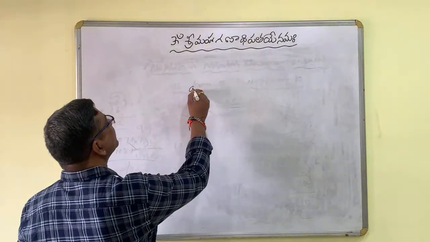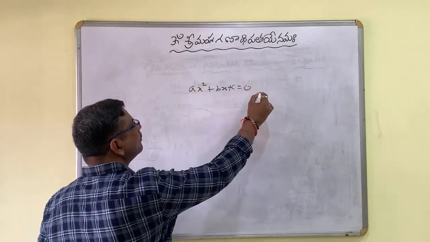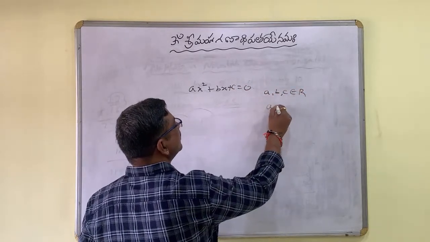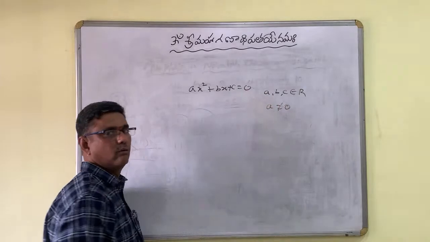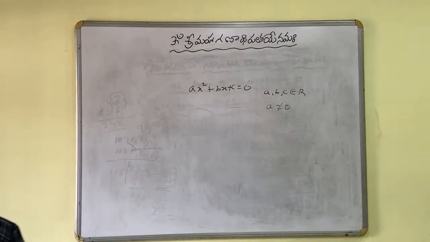ax square plus bx plus c is equal to 0, where a, b, c are real numbers and a is not equal to 0, is the general form of a quadratic equation, and it has two zeros.